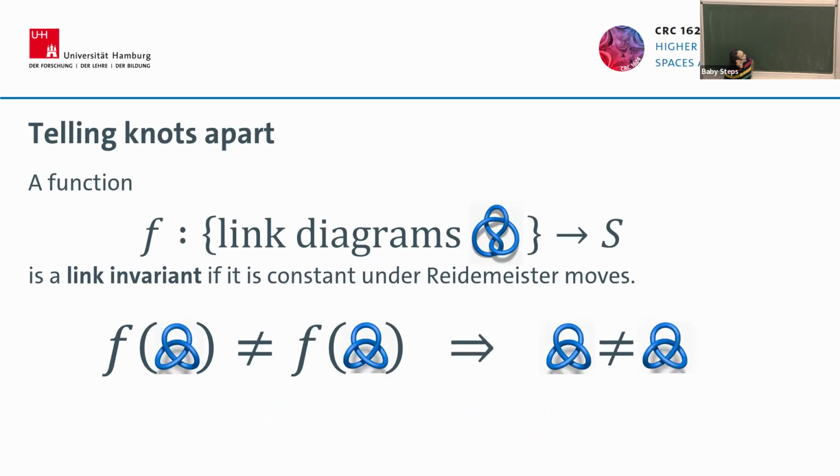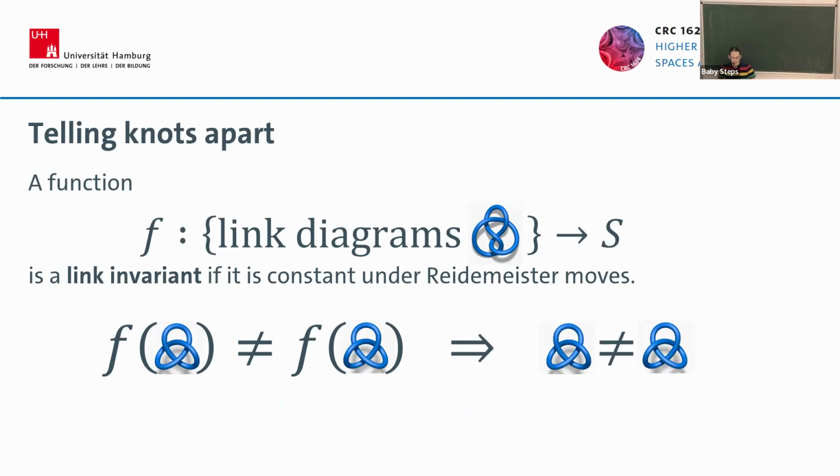What we can do is consider functions from the set of all possible link diagrams to some other set S. We say that such a function is a link invariant if it is constant under changing diagrams by Reidemeister moves and some planar isotopies.